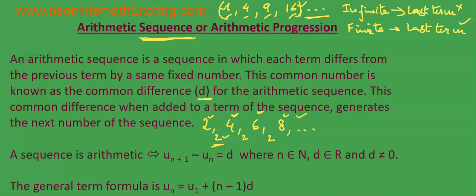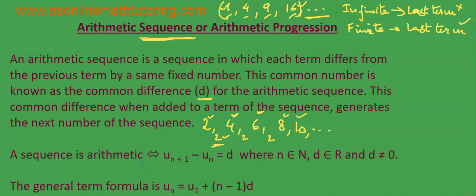And if I add 2 to 8, I'll get 10, which will be the fifth term of this arithmetic sequence, right? So this is an example of an arithmetic sequence with a common difference of 2.